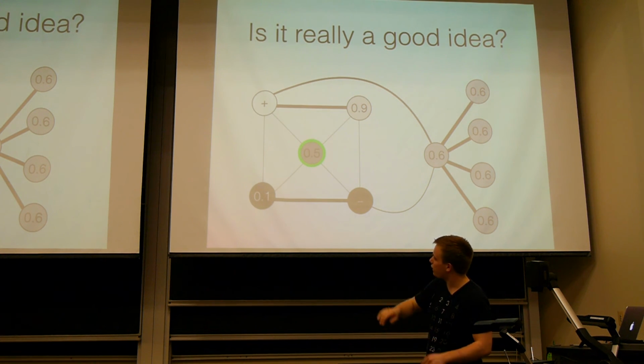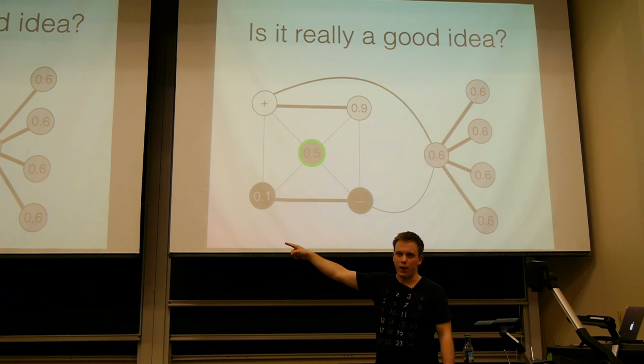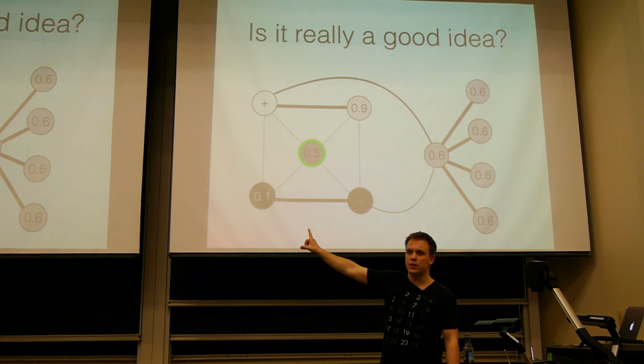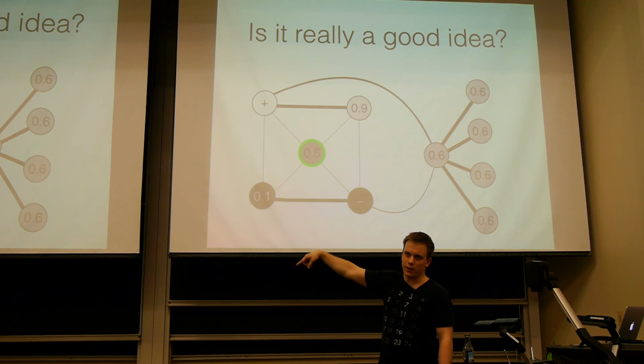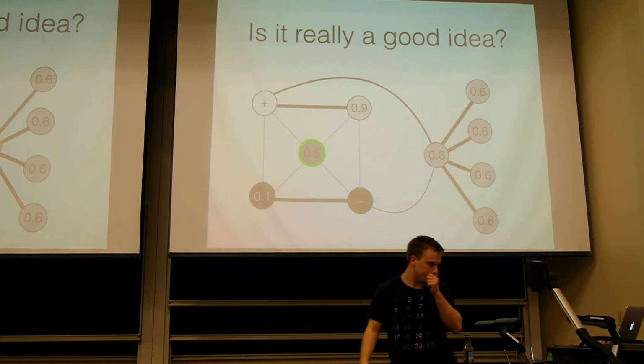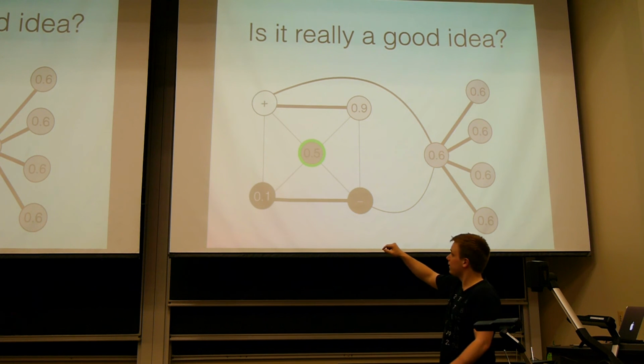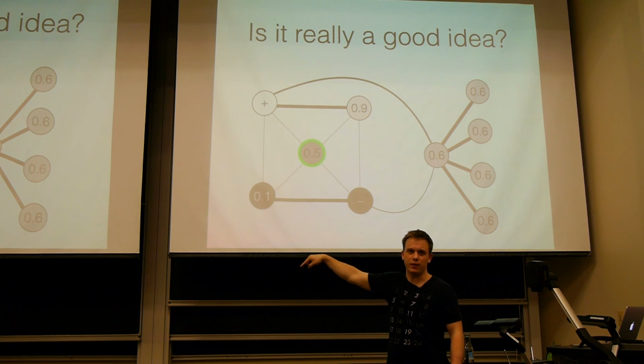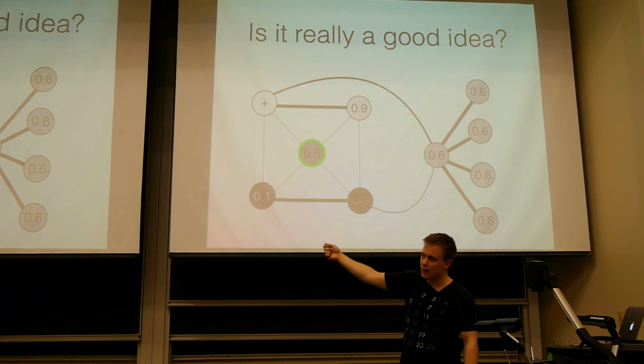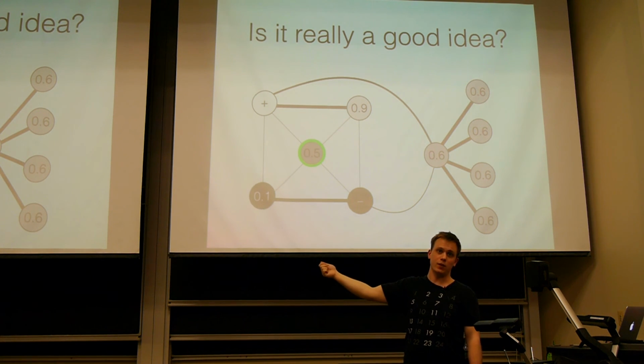So now, if you query the expert for the label of the 0.5 guy, you'll get the label for that node, and you'll learn a little bit about its neighbors, but it's not going to tell you very much about this big cluster where you're not sure what's going on. And maybe a more reasonable idea would be to query the root of this short tree on the right-hand side. Because if you learn the label of that node, its uncertainty is going to go to 0.